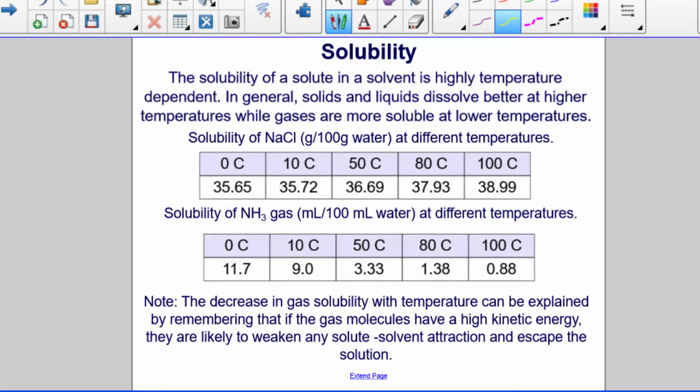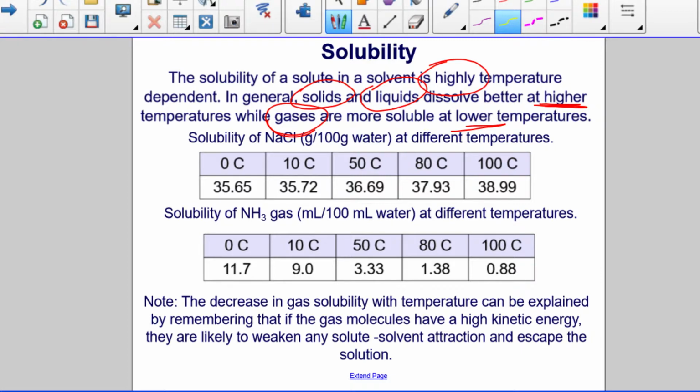The solubility of a solute in a solvent is highly temperature dependent. Okay, in general, solids and liquids dissolve better at higher temperatures, whereas gases are more soluble at lower temperatures. So let's look at this. We have sodium chloride, okay?